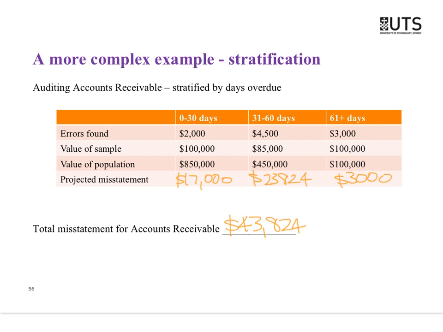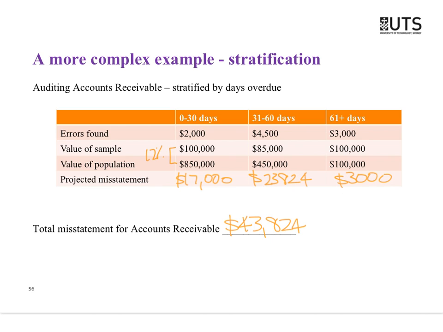Okay, so if we are going to stratify, you'll notice here that the value of the sample is different as a percentage. In the first one, I calculated, or I looked at about 12%. So I checked about 12% of the population.